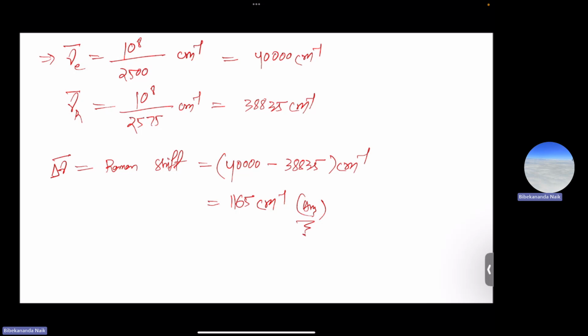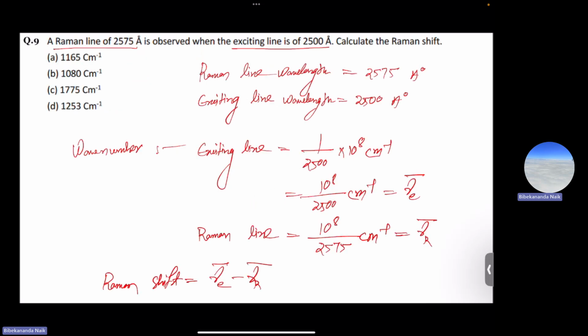So the correct answer is 1165 centimeter inverse. So the correct option will be option A.